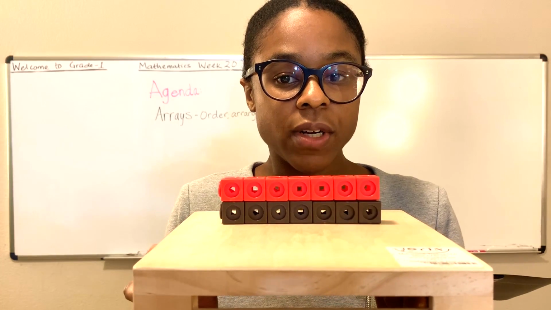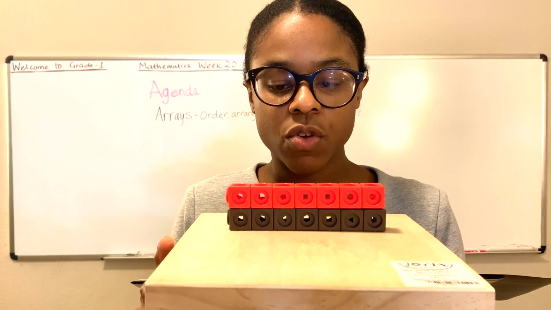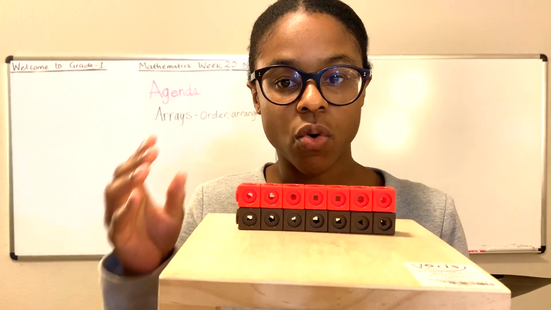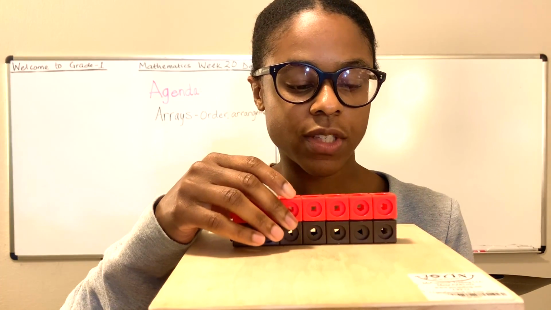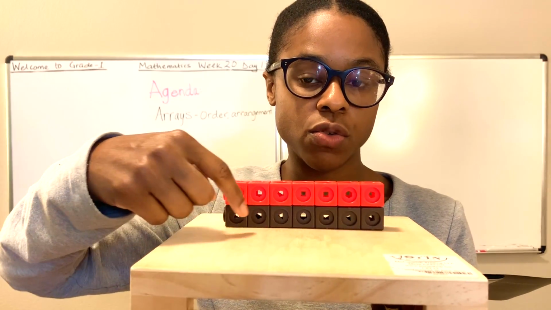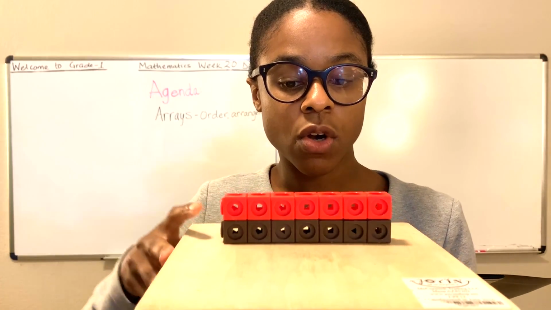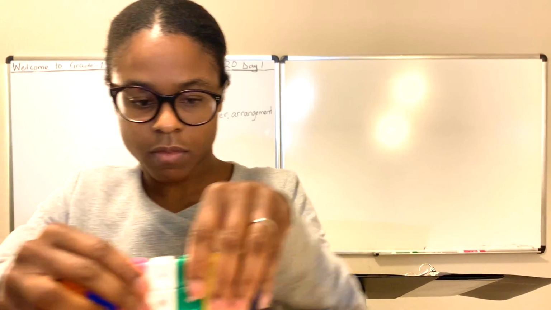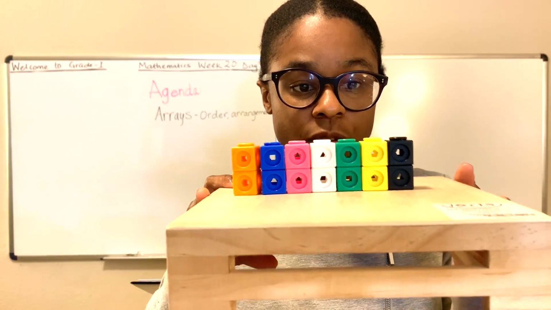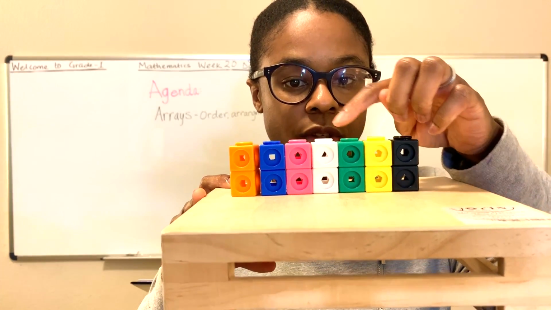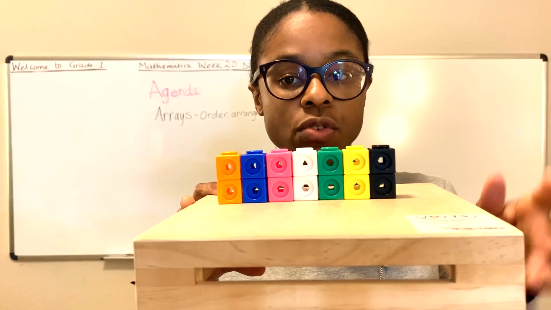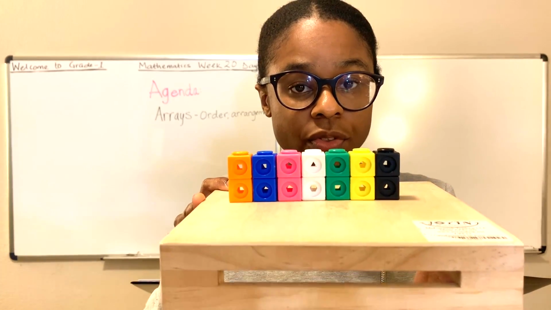The reason this is important is because you want to know that even if you order it, whether you're saying 2 groups times 7 cubes, or whether you're saying 7 groups, 1, 2, 3, 4, 5, 6, 7, times 2 cubes each, both will give you the same answer.